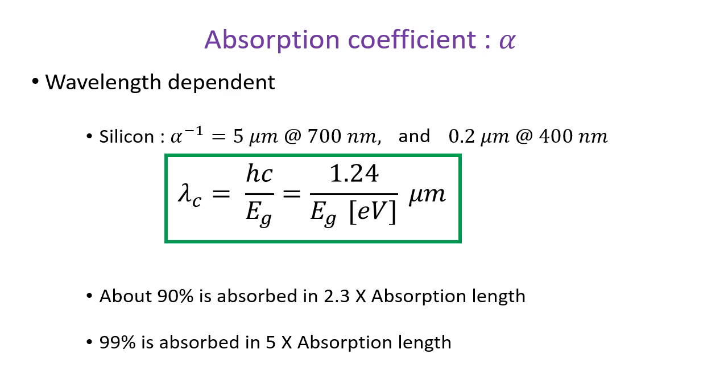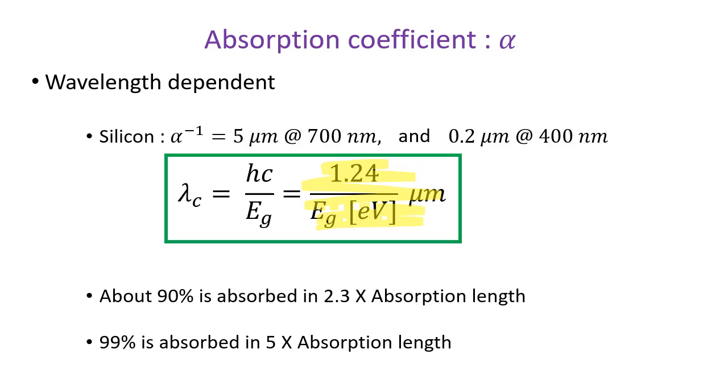If I just equate Eg to h nu, which is the minimum photon energy required for it to be registered as a signal, you can come up with this relationship. And on the right, all that I have done is to put in the numbers for h and c. If you plug in the values of Eg in electron volts, you can get the wavelength cutoff in micrometers.